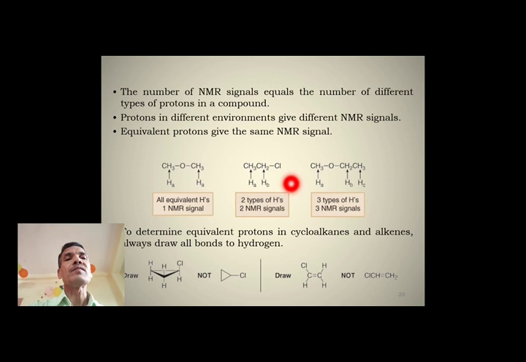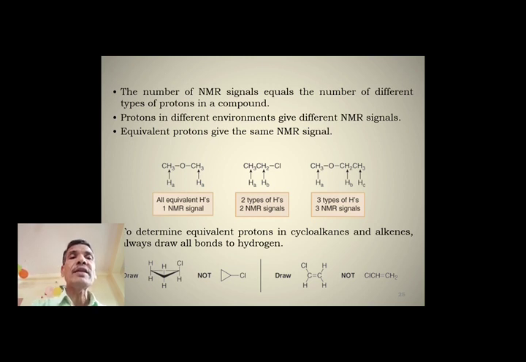CH3CH2Cl. Here in this molecule, chlorine is attached to CH2 and it is attached to CH3. So let us consider protons on methyl are Ha, protons on methylene, that is CH2, are Hb.